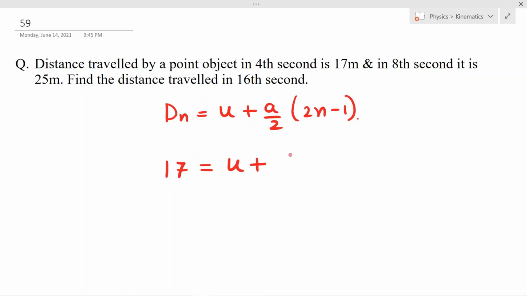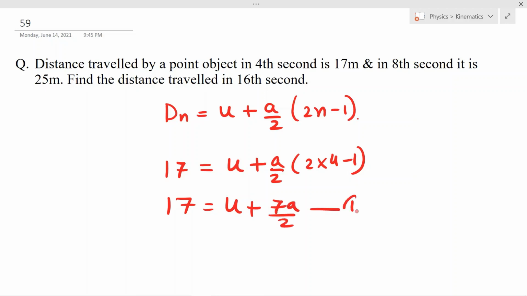U we do not know. That is, u is the starting velocity, plus a by 2 into 2 into 4 minus 1. So this is 17 is equal to u plus 7a by 2. This is my first equation. Now the second equation will be, in 8 seconds it travels 25 meters.